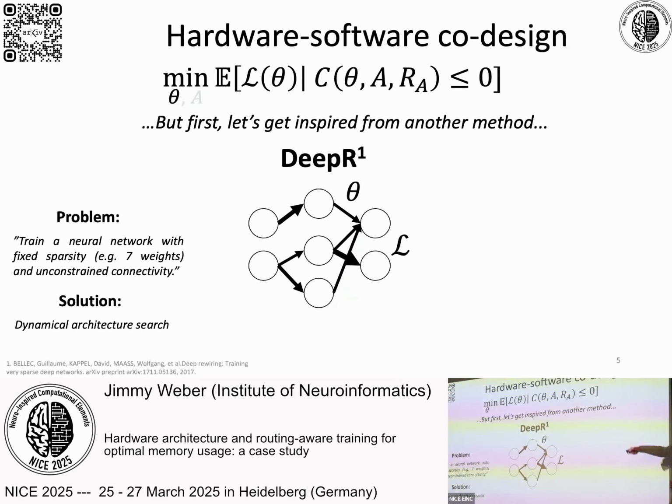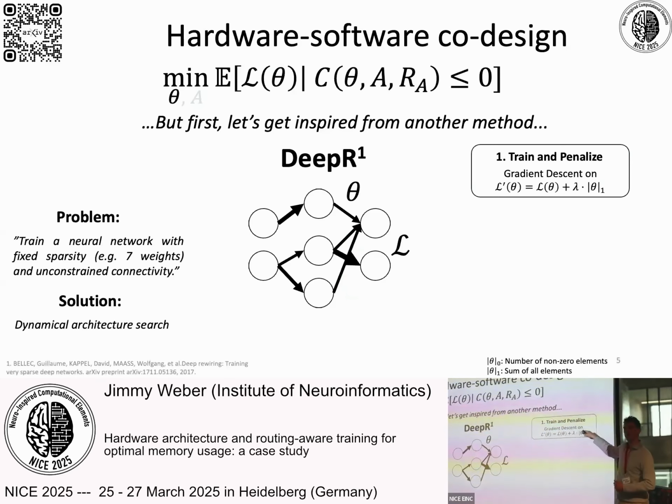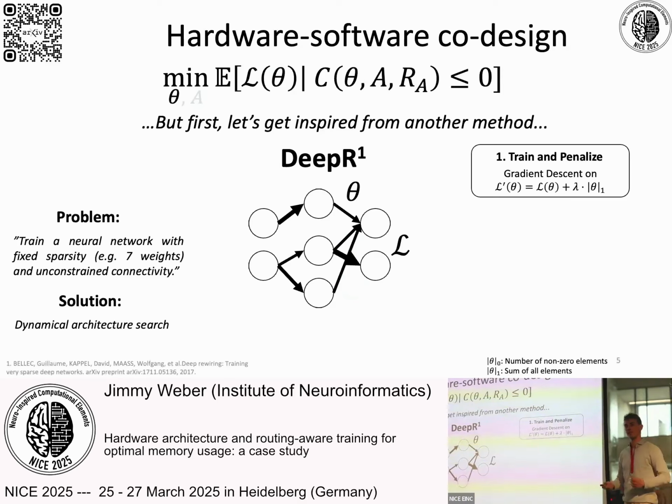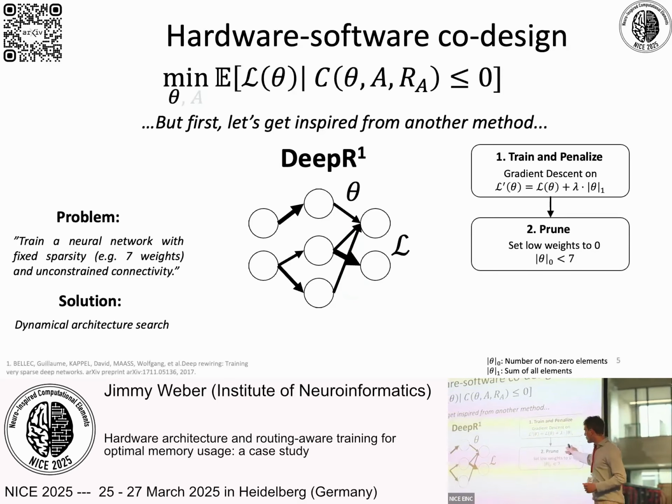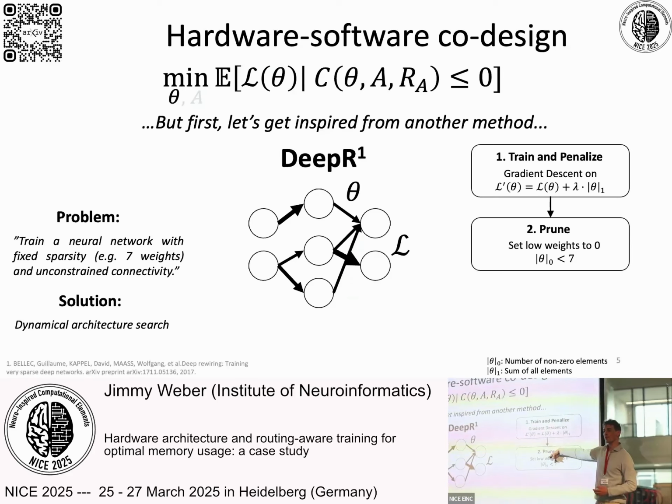As I said, if I put some formalism onto that, you have the set of weights and the loss. The first step was doing one epoch of gradient descent with a certain regularizer, which was ensuring that all the weights would decrease in amplitude. Then pruning, so that the number of weights, this is the L0 norm, the number of non-zero elements in your weight matrix, is below 7.